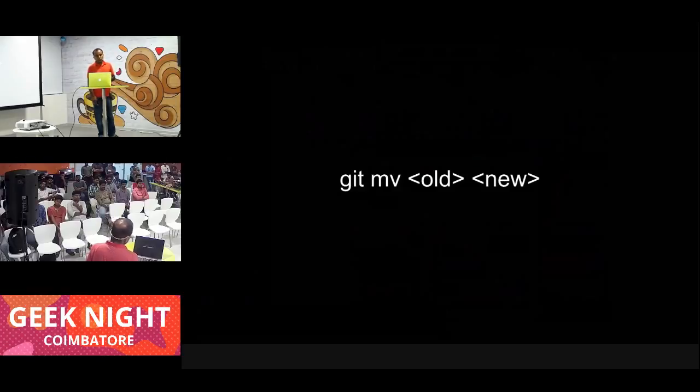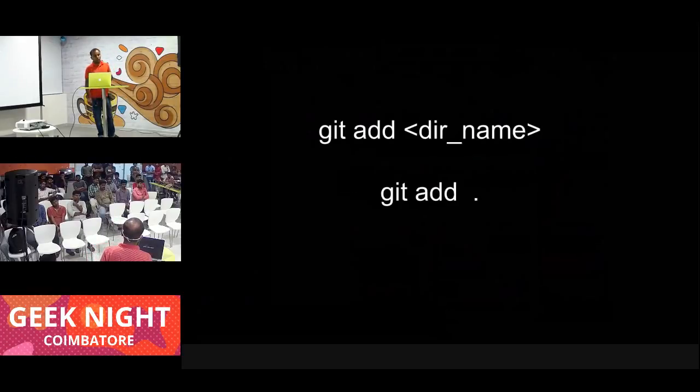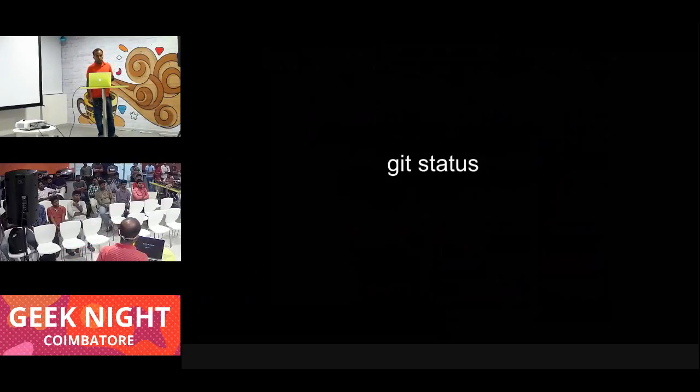Git mv, old name and new name. Git add, we saw, we can add a single file, we can add the entire current directory, or we can give a directory name and add it. There are multiple options. Git status, we saw, at any point in time shows the working directory status: modified, unmodified, committed, not committed, everything you will know.